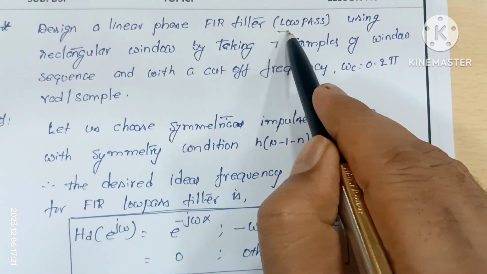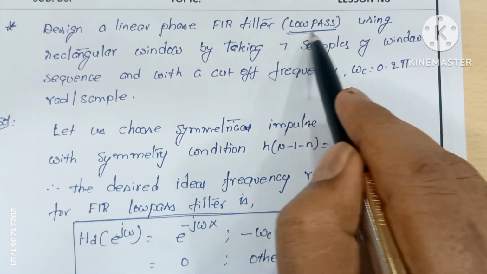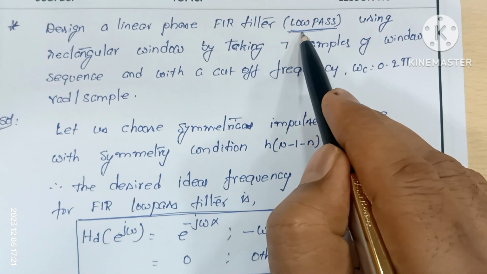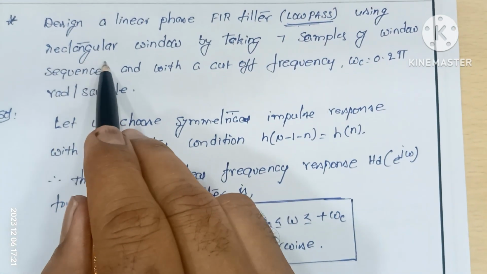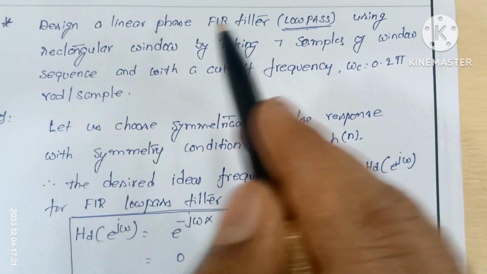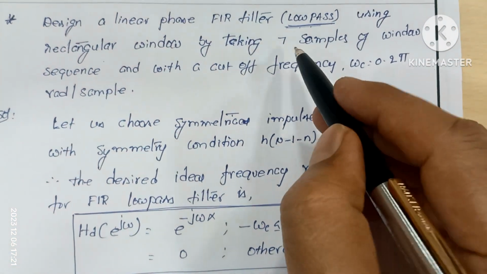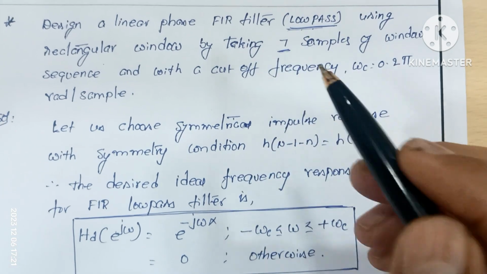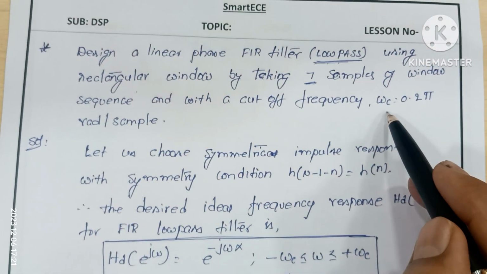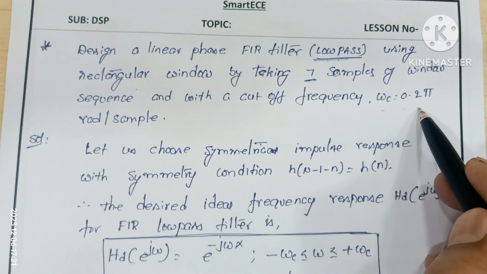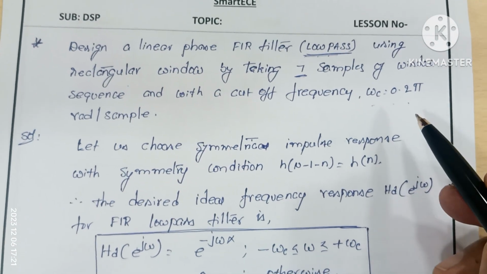Here we have to design a low pass filter. Therefore our desired filter is a low pass filter, and we have to use the rectangular window sequence to design this low pass filter, and the number of samples is given as 7, that is capital N equal to 7, and the cutoff frequency omega c is 0.2 pi radians per sample.